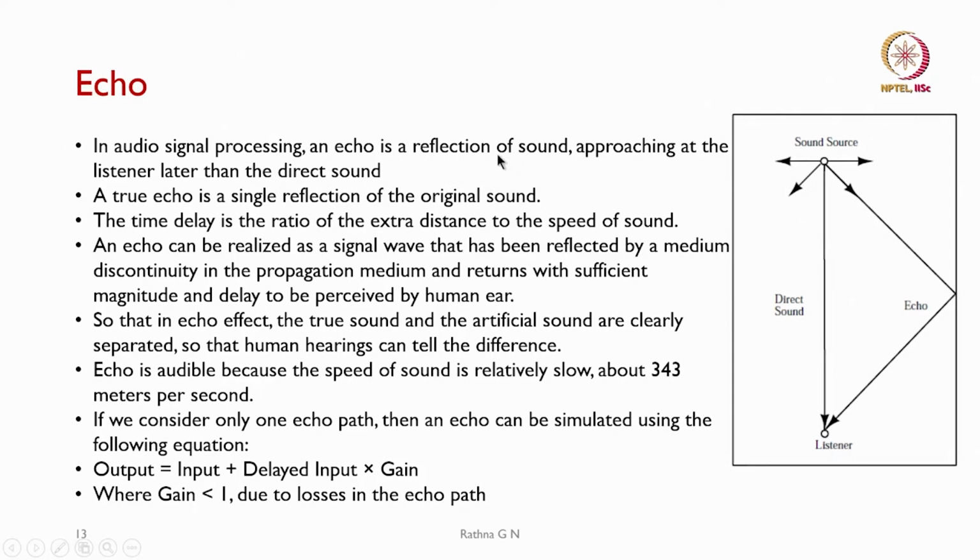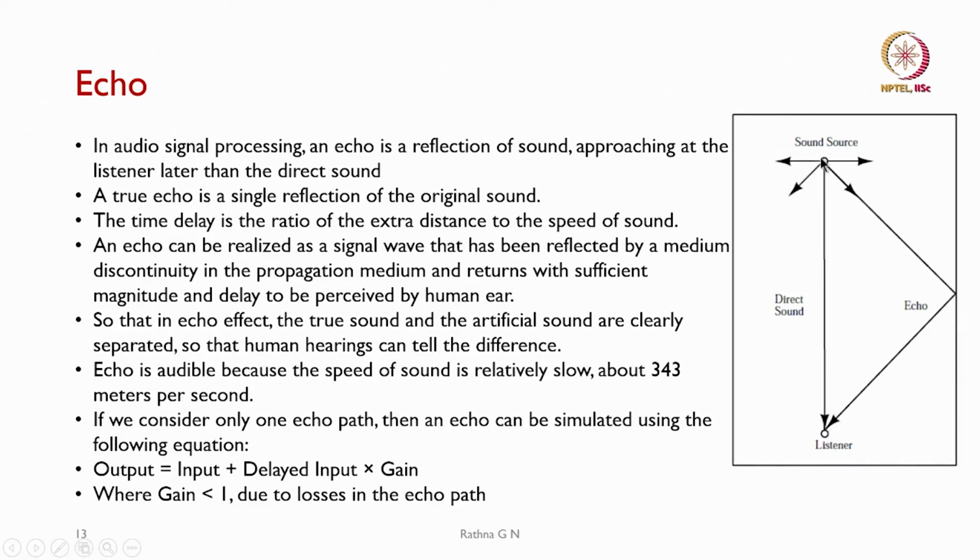How can we synthetically generate it? Using our code, we will be looking at it, approaching the listener later than the direct sound. As you can see, this is the sound source. All the places will reflect your sound when you are speaking, and there is a hard surface. What happens is it goes, hits, and then comes back to you.